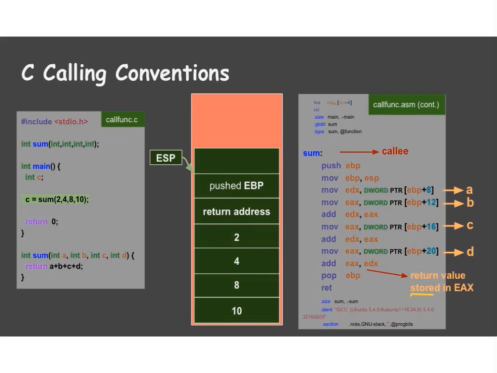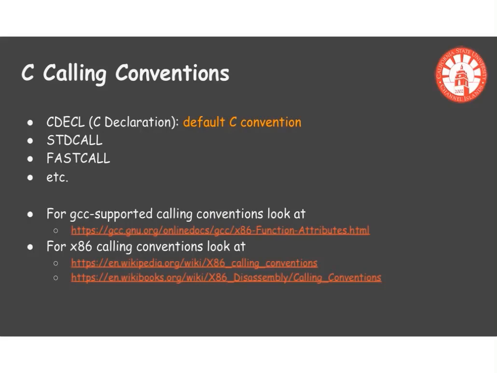So we explained this. Okay, before we continue on the implementation of the function and see how the return value is getting into EAX and come back to the next line after the call function, I would like to have your attention on this slide where we explain different calling conventions for C. The one that we actually use in this lecture is the default C convention.